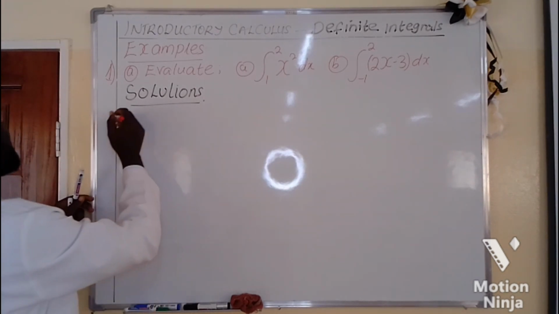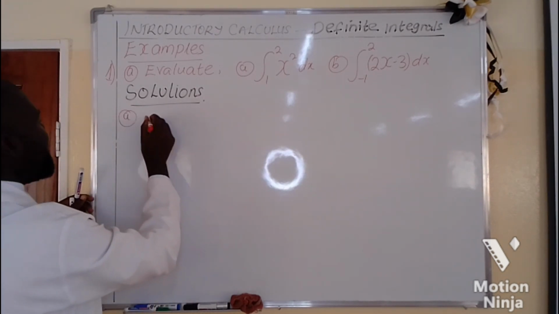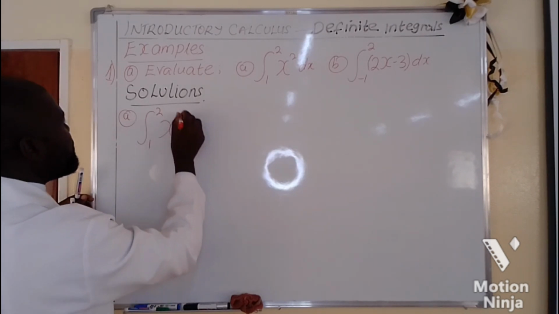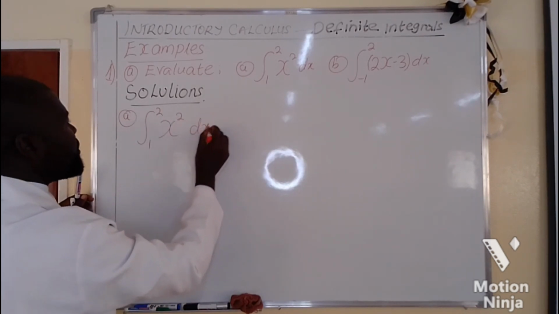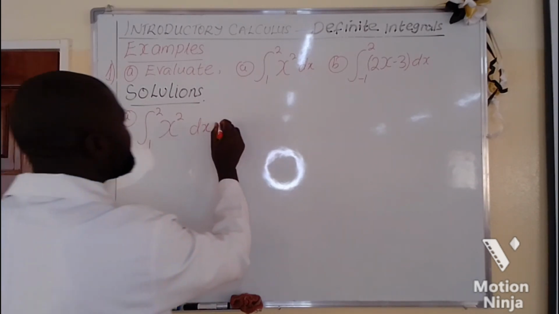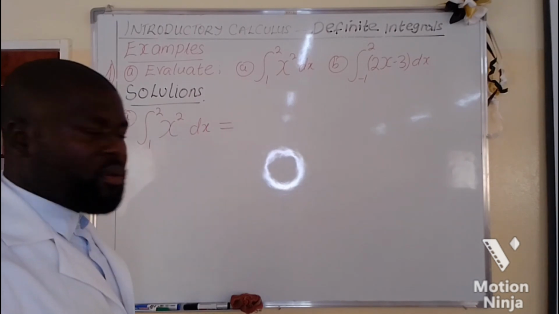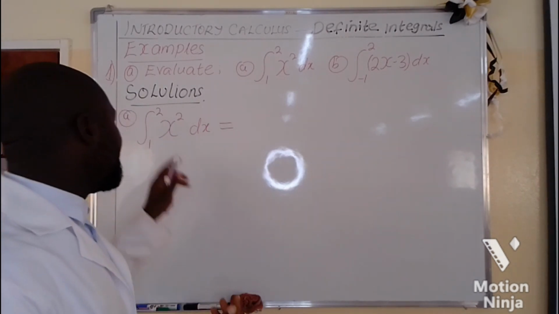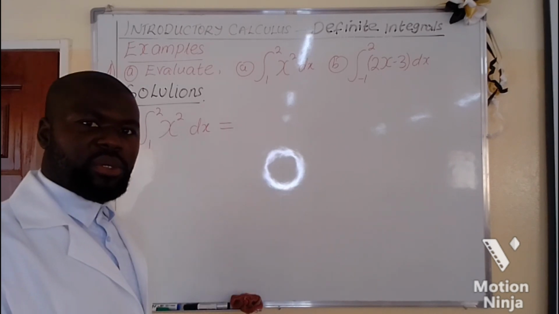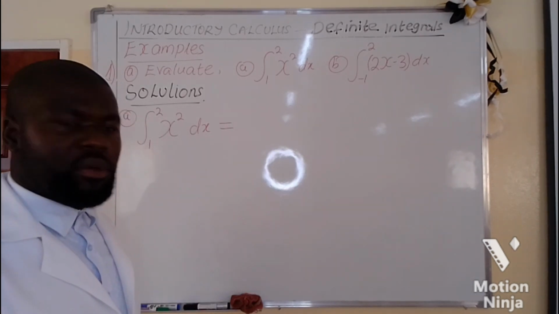1a, we have the integral of x squared, values of x, 1 and 2. So we integrate the function inside the usual way we do it by the rule.